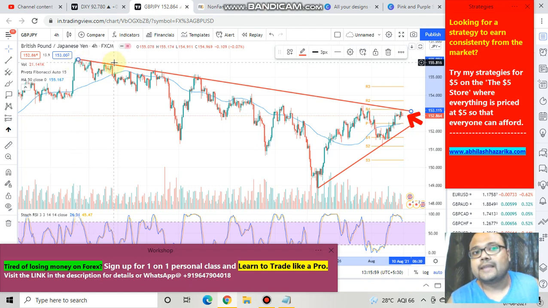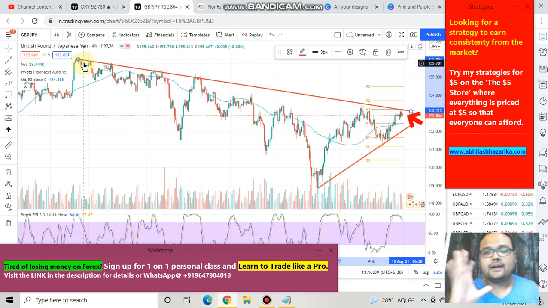As a result, price has failed to go up, and this trend line is still acting as a dynamic resistance for the market. Therefore this trend line is one of the most important parts of this GBP JPY chart right now. So this trend line is a must in your charting platform as well.